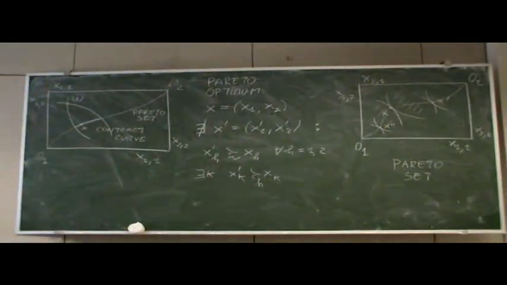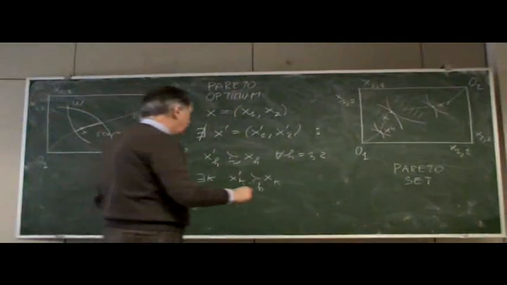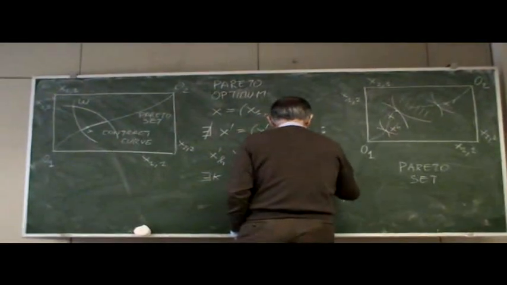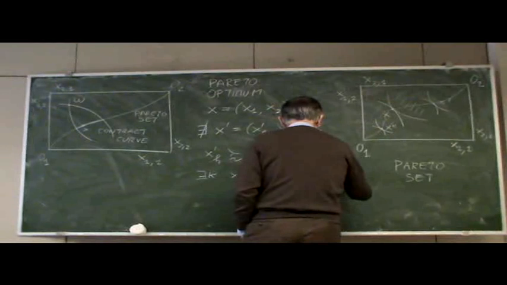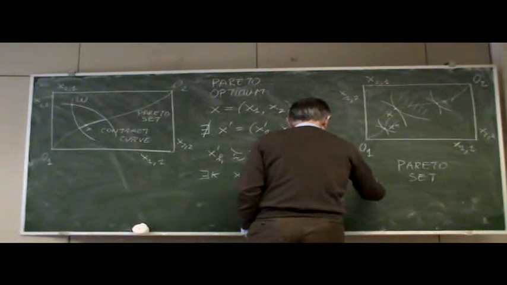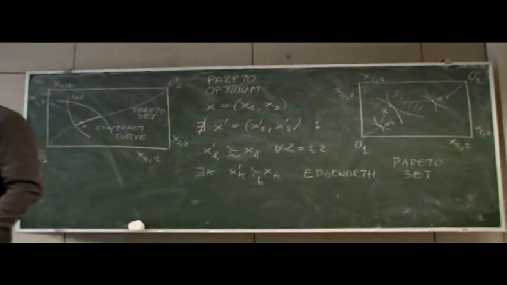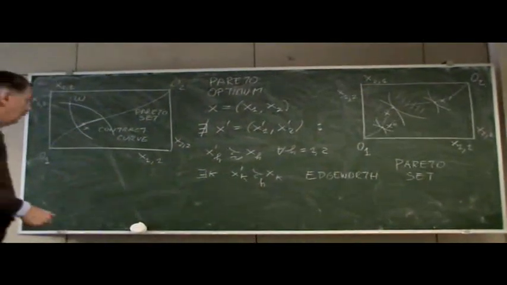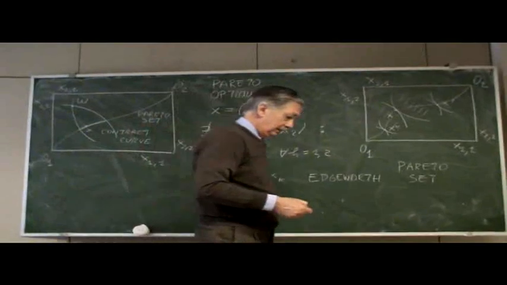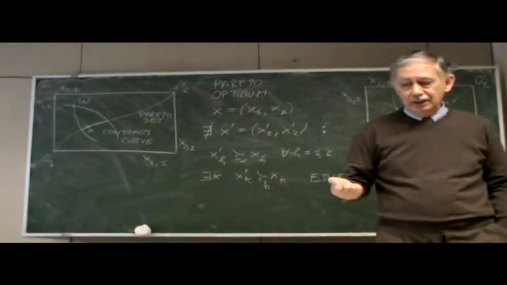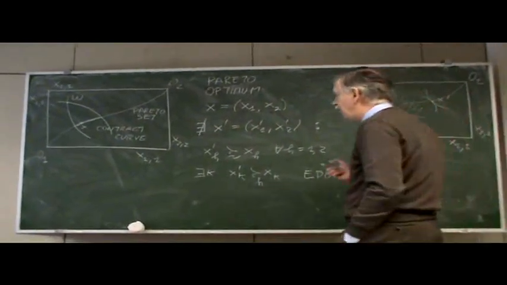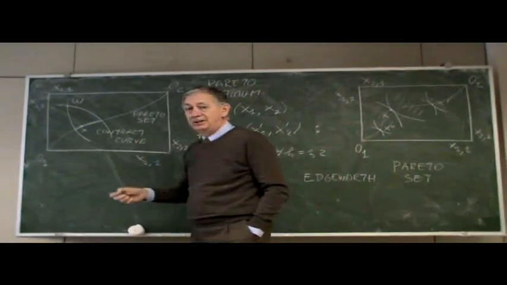This is the contract curve, the term that was introduced by the English economist Francis Edgeworth, who stated that after the exchange, the allocation we obtain is exactly on the contract curve.